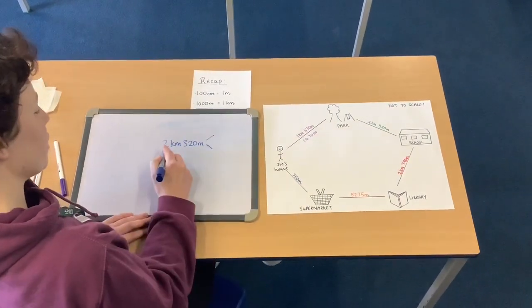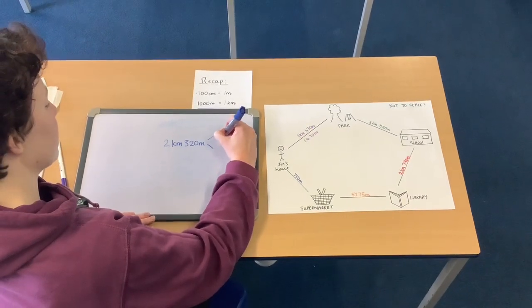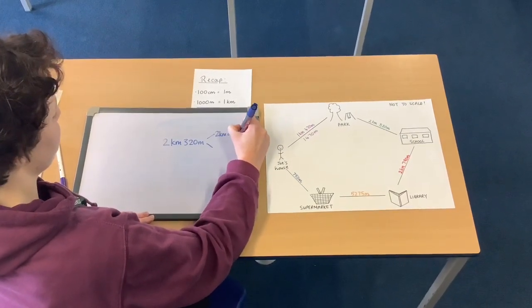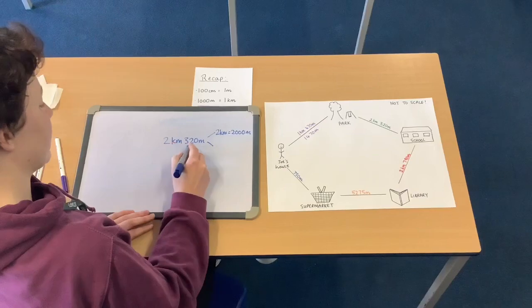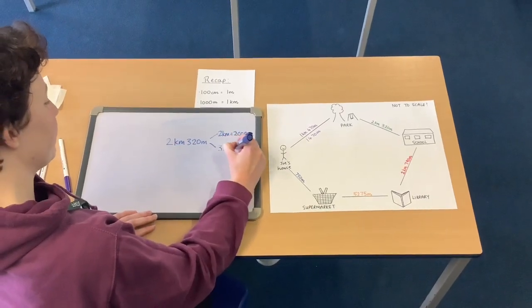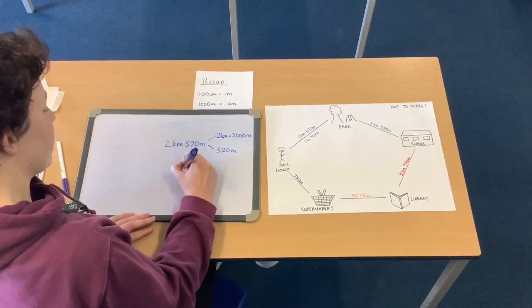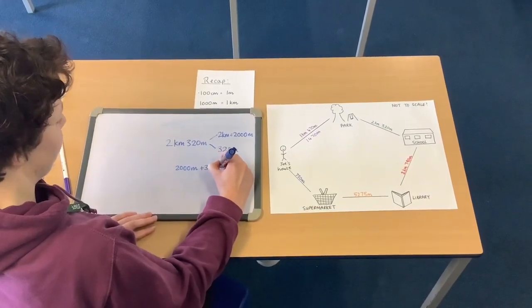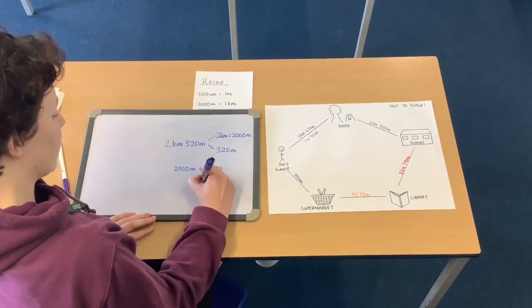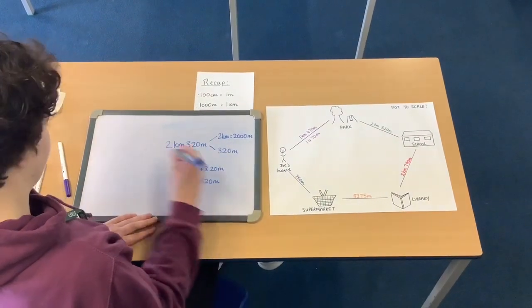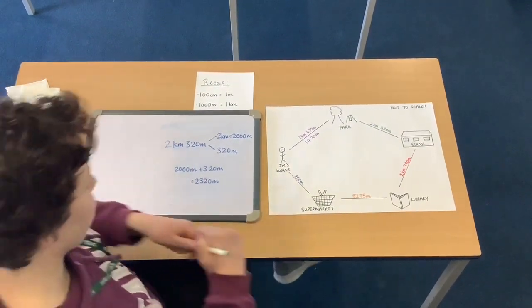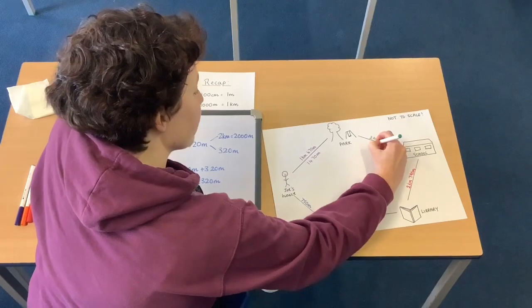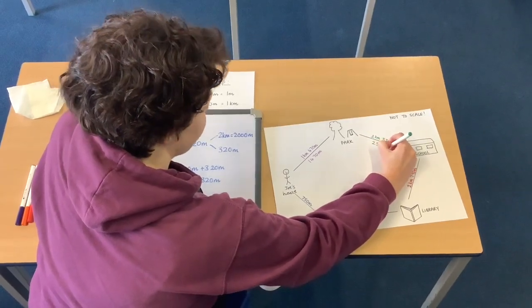I've got 2 kilometres this time, so 2 kilometres is equivalent to 2,000 metres, and then I've got 320 metres. So 2,000 metres added to 320 metres would be 2,320 metres in total. So that's green, 2,320 metres.